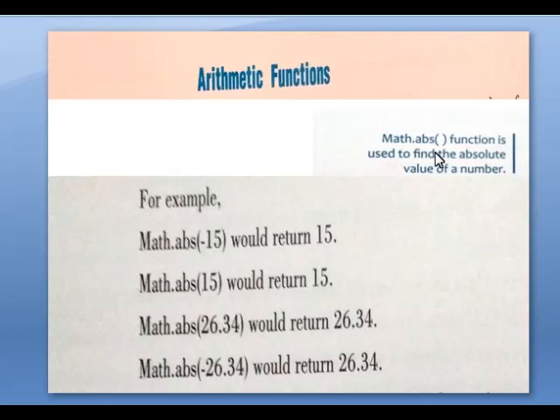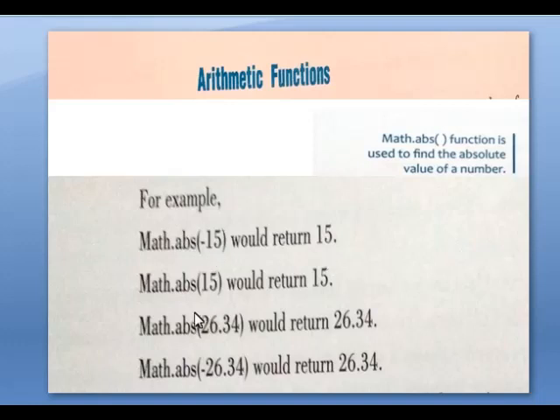For example, Math.abs. ABS means absolute. The Math.abs function is used to find the absolute value of a number. For example, Math.abs of minus 15. The absolute value is 15. It will not take the sign. Whether it is a positive number or a negative number, the answer will be positive.